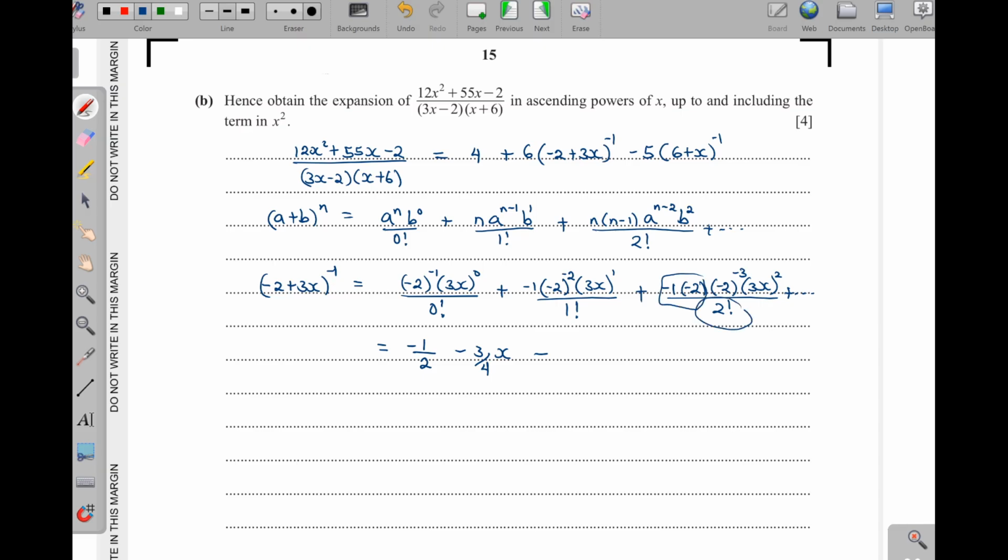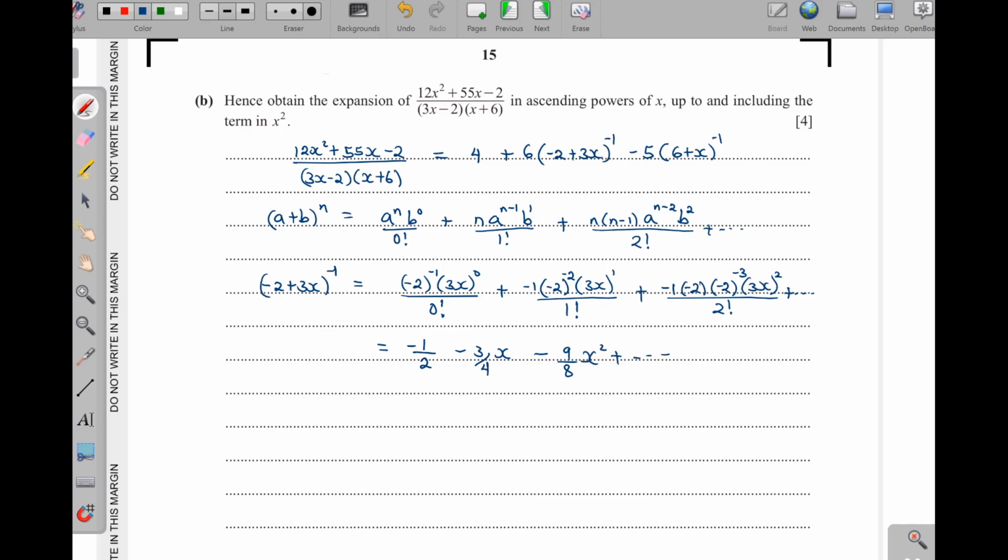So it cancels with this 2 here. 2 factorial is a 2. And then we know that all the power of a negative is always a negative. So this one is going to be 1 over negative 2 power 3. Okay, this one is going to give us negative 1 over 8. Okay, I'm dealing with this. But then there is this 3 here squared, which is a 9. So we are going to have negative 9 out of what? 8. Okay, so that is what I'll write here. Negative 9 out of 8, then x squared.